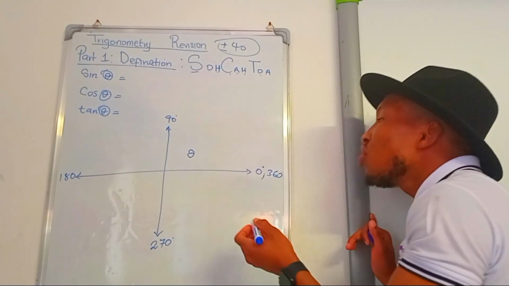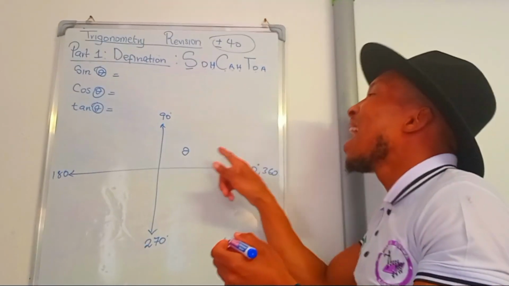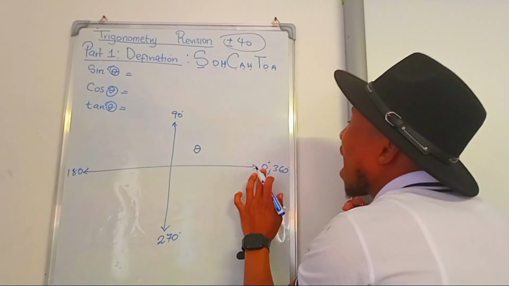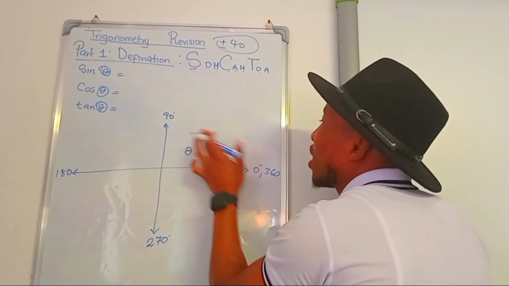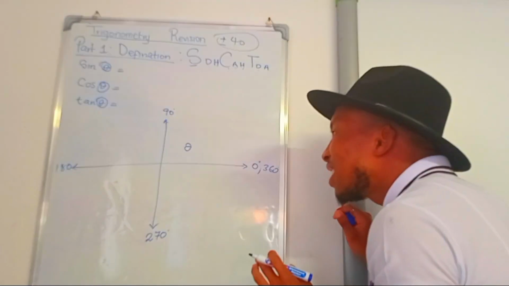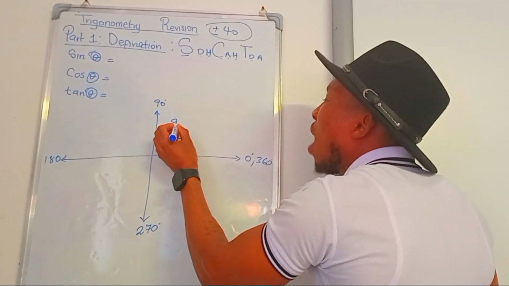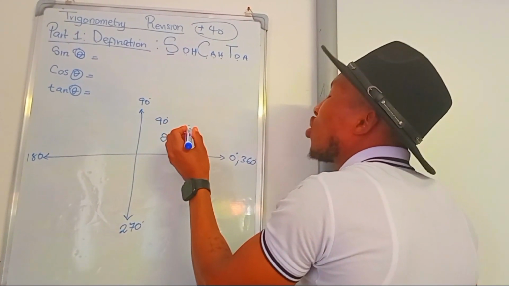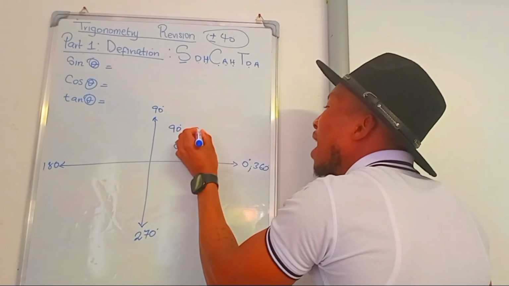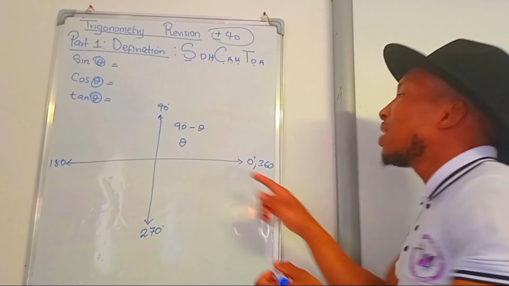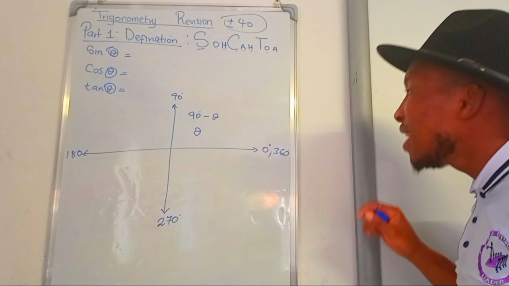Theta is an acute angle, because an acute angle is greater than 0 degrees but less than 90 degrees, okay? And also on quadrant number 1, we have a co-function, 90 minus theta.